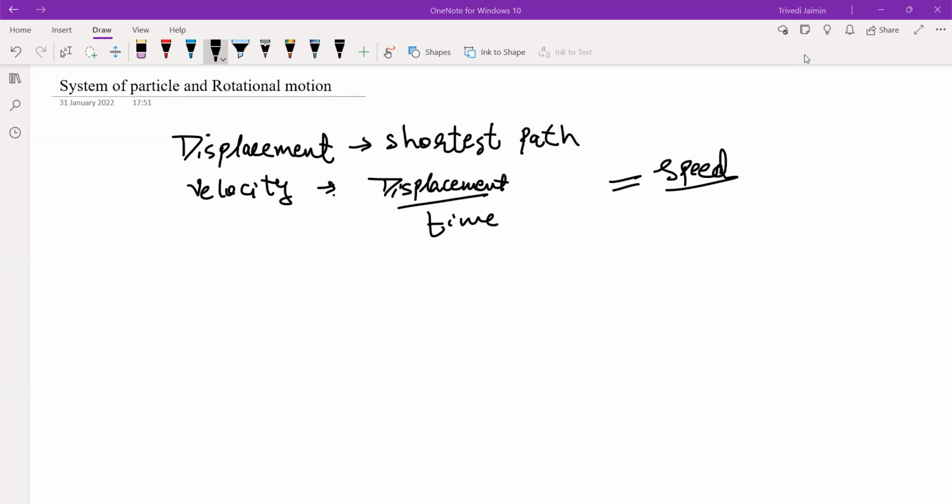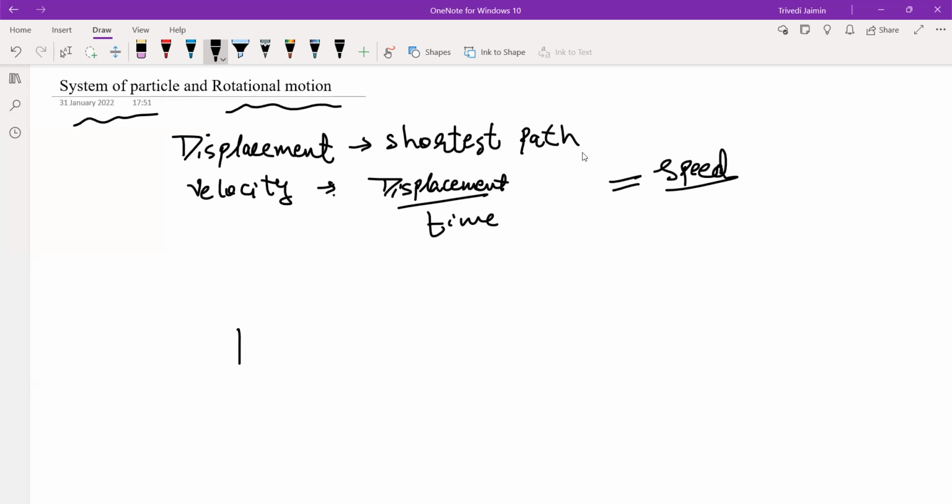Here we are not talking about linear motion. The name itself suggests system of particles and rotational motion. So I'm just giving you a basic idea about what a system of particles is and what rotational motion is. System means, right now I'm sitting, so I'm the object. My surroundings are my walls.